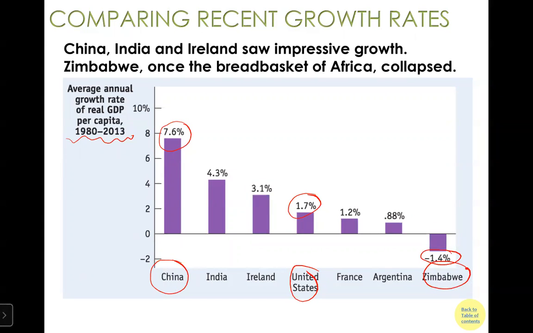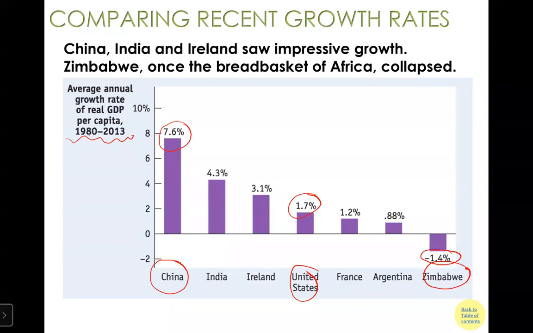From here, we use the rule of 70 to find out what the magic can be over time. 7.6% for China means in one decade they can double their income.